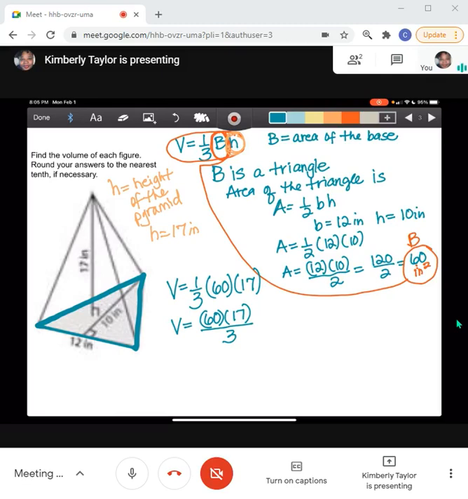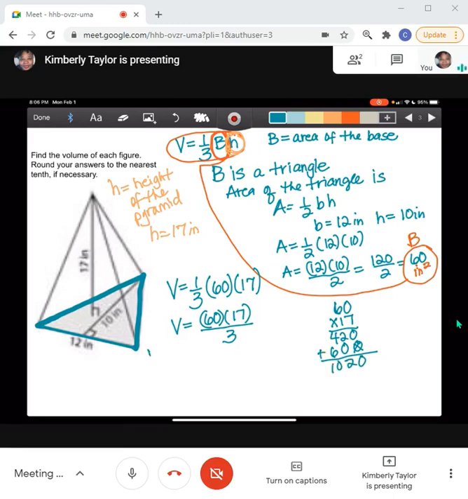So let's do the math over here. And again, I think in 7th grade, I don't believe you are allowed to use calculators, but then again, I don't know. Let's just say you're not. So let's do 60 times 17. We get 1020.